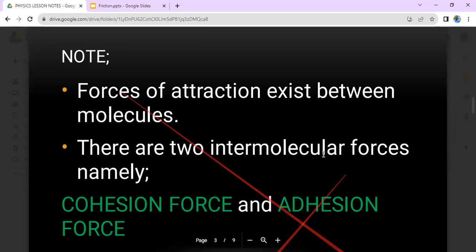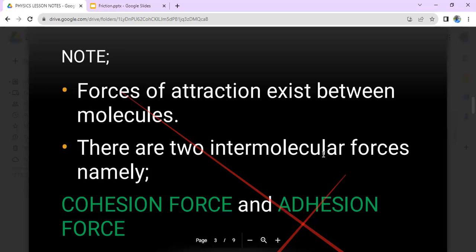So they are telling us that forces of attraction exist between molecules. Molecules are those particles in a solid, maybe in a gas, maybe in a liquid.